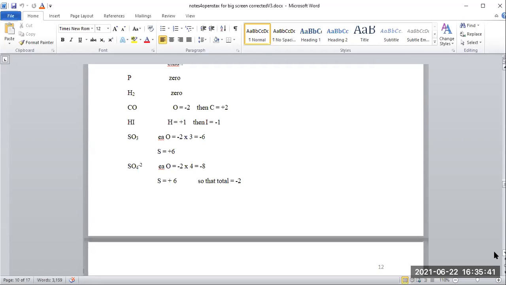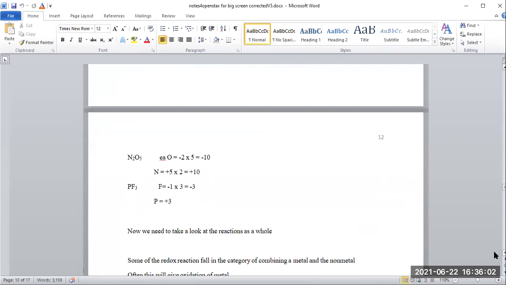So that's 8 negatives. I want to have 2 left over. So my sulfur is going to actually be the same oxidation number as the one above. It's going to be +6 because I want 2 of those negatives to not get canceled out.